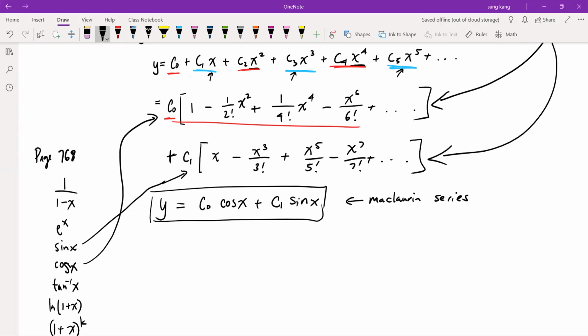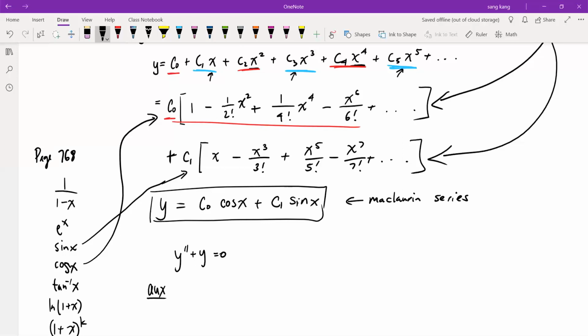And if you notice, let's go back to the original problem, which was y double prime plus y equals 0. We didn't have to do this. This was just an example of one that we could solve other ways, just so that we can double check. So if we did this the old-fashioned way, we would take the auxiliary equation, right?